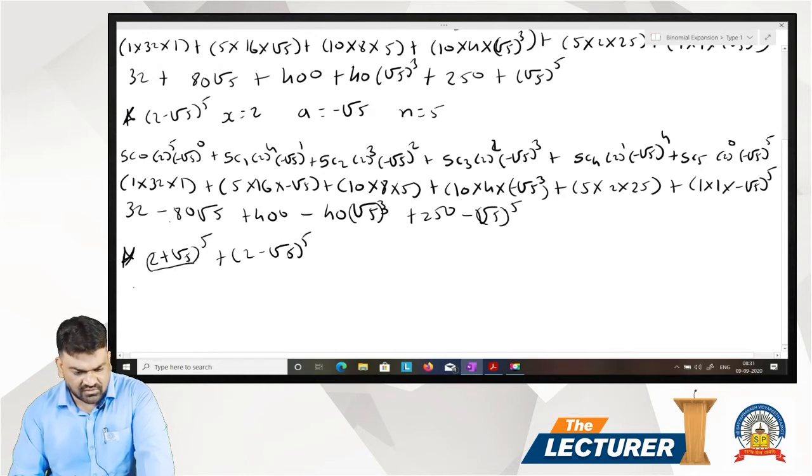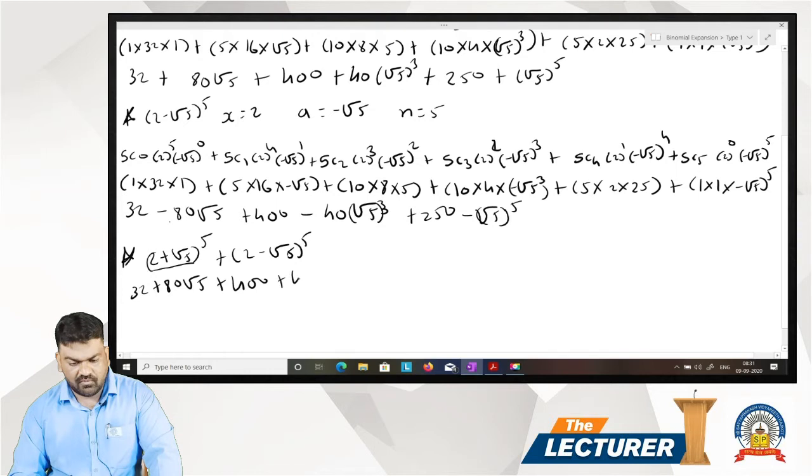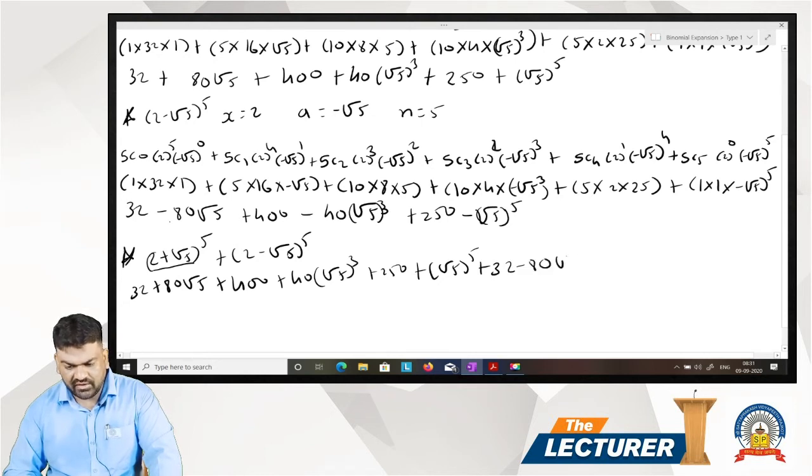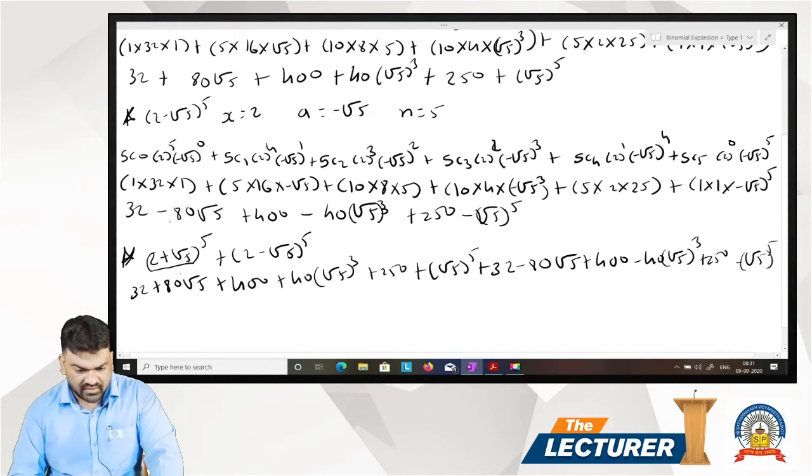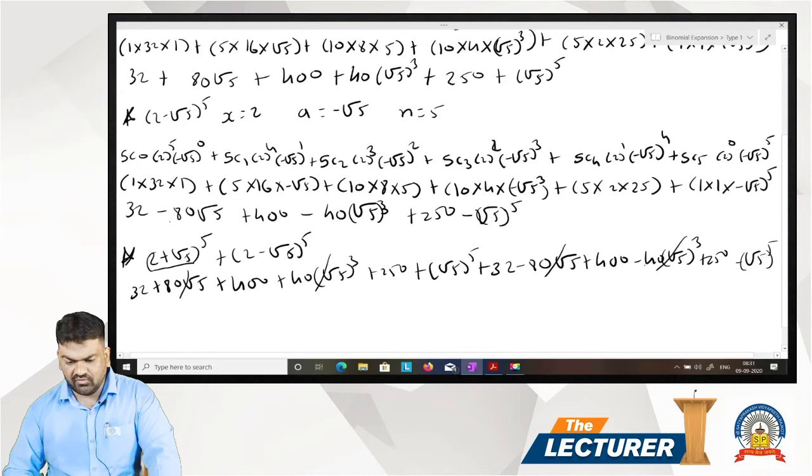Our first answer: 32 plus 80 root 5 plus 400 plus 40 root 5 raised to 3 plus 250 plus root 5 raised to 5, plus our second answer: 32 minus 80 root 5 plus 400 minus 40 root 5 raised to 3 plus 250 minus root 5 raised to 5. 80 root 5 plus 80 root 5 minus cancel, 40 root 5 raised to 3 plus minus cancel, under root 5 raised to 5 plus minus cancel.